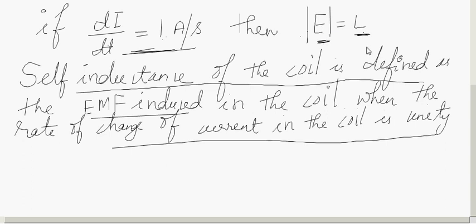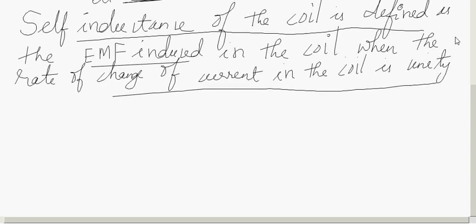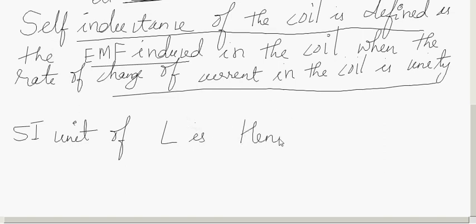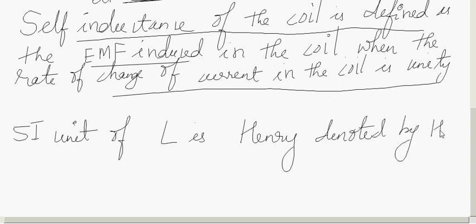Now what is the SI unit of L? The SI unit of self-inductance is Henry, denoted by H. Now when do we get 1 Henry?